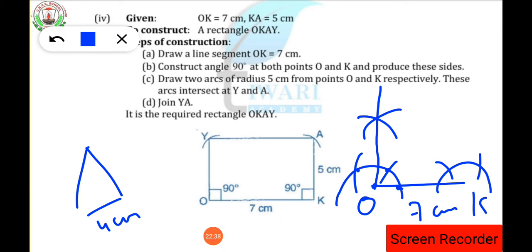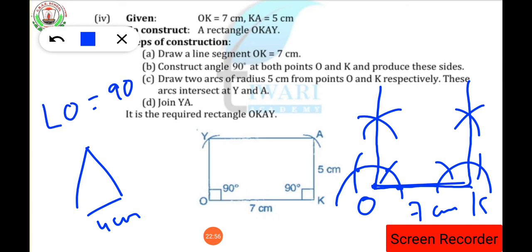Again don't change the arc, use the same arc, because the angles of the rectangle are equal to 90 degrees. Clear? Up to here everybody understood? Now angle O is equal to 90 degrees, angle K is equal to 90 degrees, we have drawn.